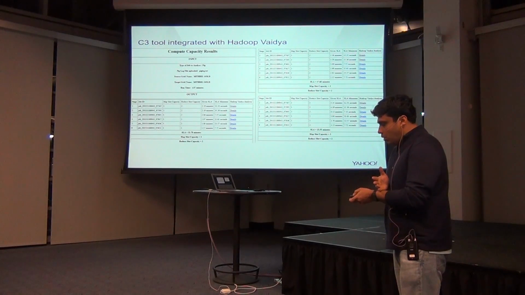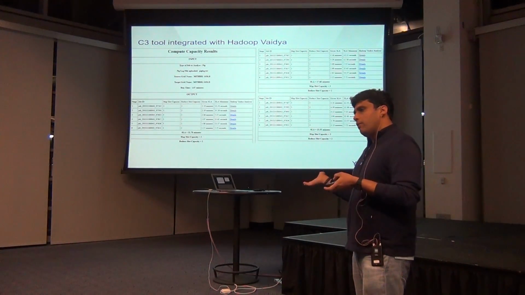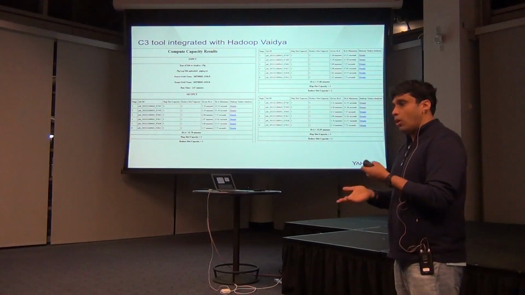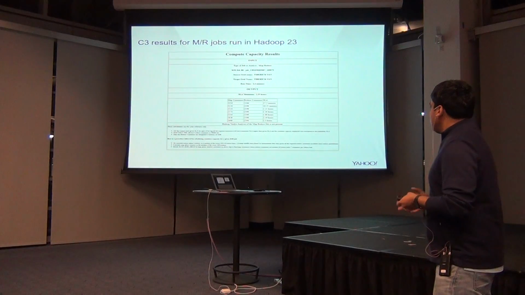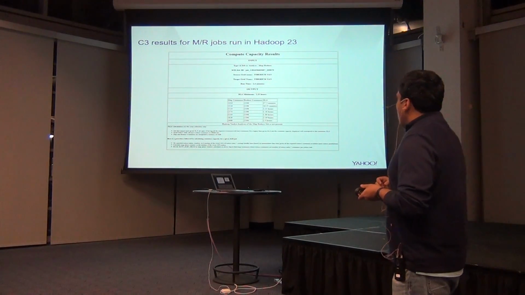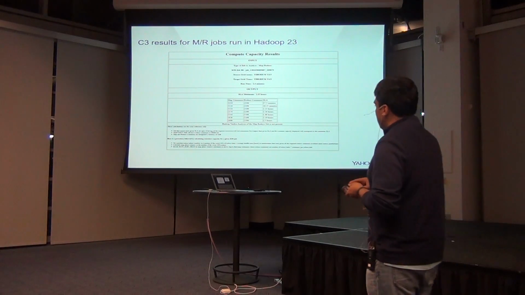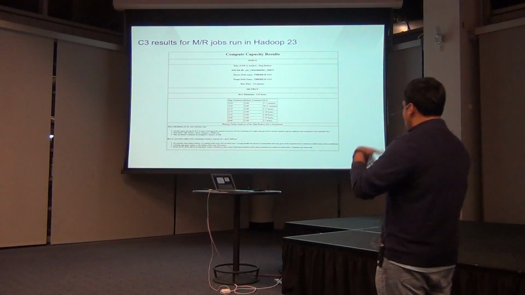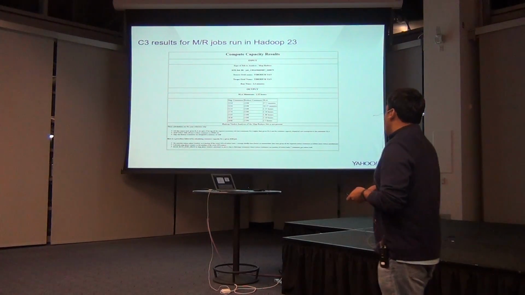We give the user a range all the way from twice his SLA to less than half his SLA, so that he can choose whatever is best suited for his application needs. So this is the result that we ran with 23; that was with 20 when we ran. With 23 we get map containers and reduce containers. The reduce containers are still the same, but the map containers vary based on the SLA.